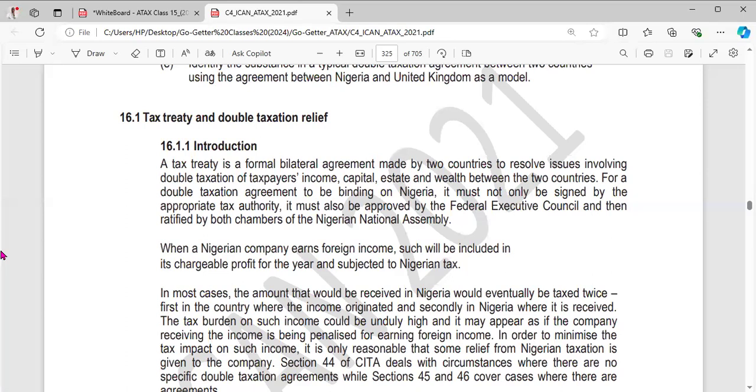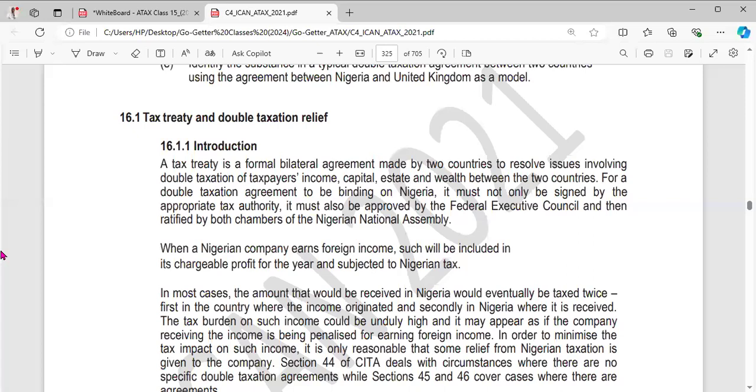So assuming that Nigeria enters into a bilateral agreement with United States, it means that any income earned in United States and brought in by Nigeria. So that means it's going to be a Nigerian company. Perhaps it is an overseas branch, or perhaps an overseas subsidiary.